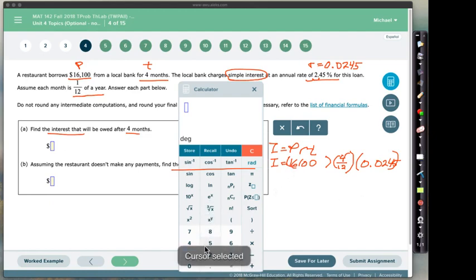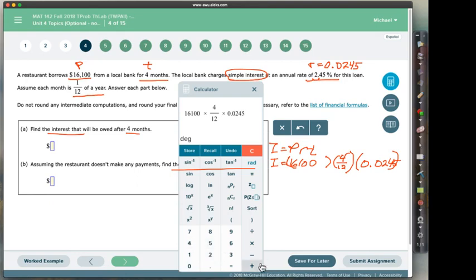Okay, so 16,100 times 4 divided by 12 times 0.0245. Okay, that's going to give us our interest.